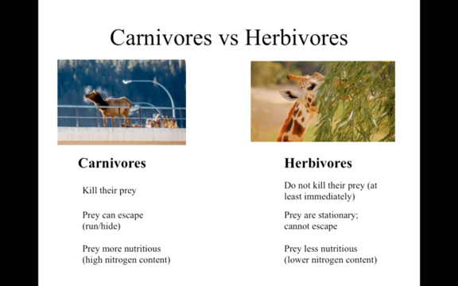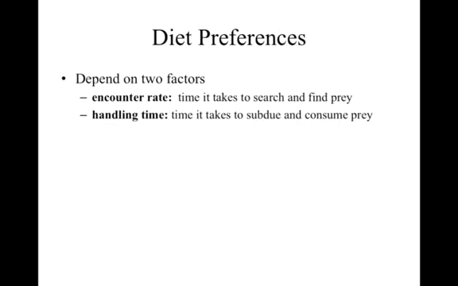And so animals, as they eat, accumulate nitrogen. And so as you move up that food chain, you get more and more nitrogen. And so at the bottom with the plants, they don't have a lot of nitrogen. You have to eat a lot of plants to get the nitrogen you need. Versus if you're eating a higher animal where you're getting a lot more nitrogen. And so carnivores, because they're eating animals, are getting more nitrogen, and so that's more nutritious, and they have to eat sort of less of it to get what they need.